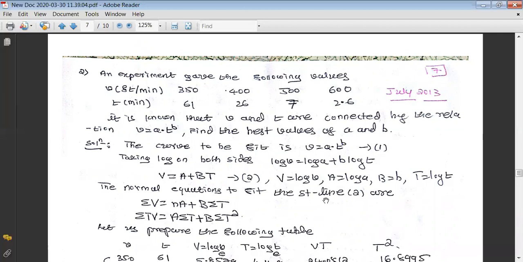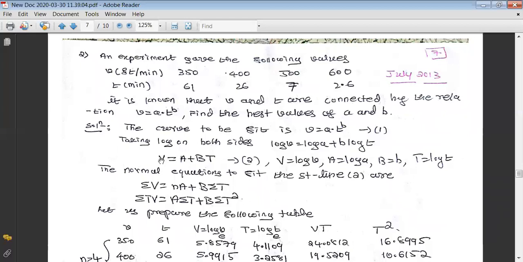Therefore, it leads to log v equals log a plus b into log t, and it will be of the form capital V equals capital A plus b into capital T, where each of these capital values has the respective notation: capital V equal to logarithm of small v, capital A equal to logarithm of small a, capital B equal to small b, and capital T equal to logarithm of small t. We observe that this is a straight line in V and T, with T as independent and V as dependent.